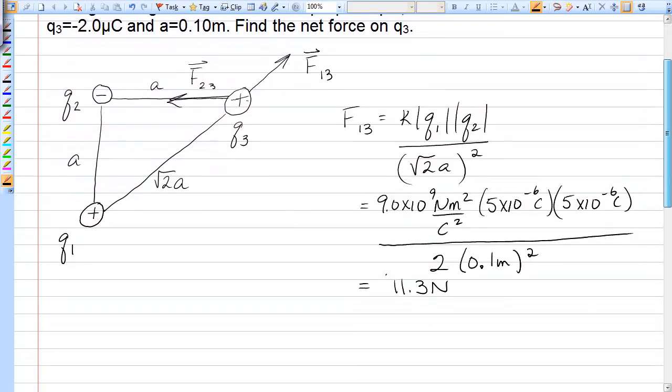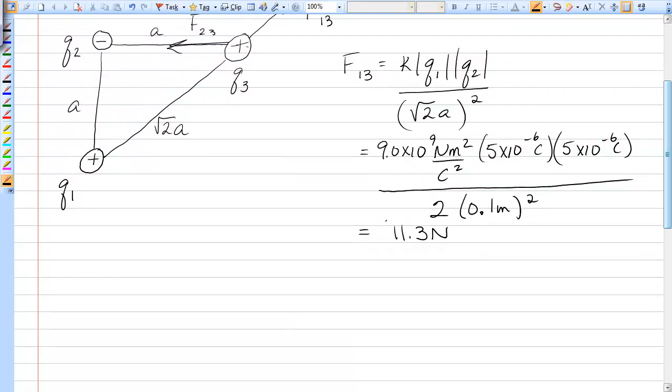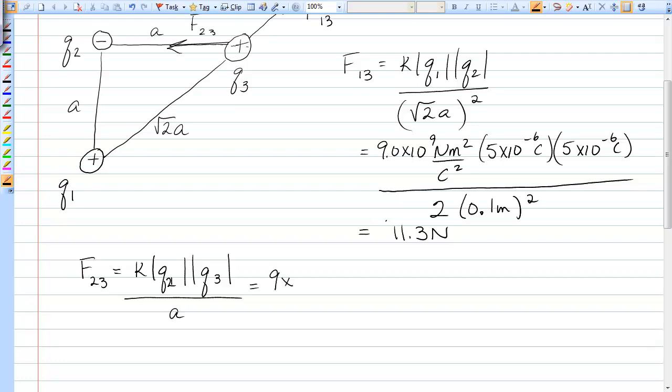Okay, now we repeat that process for F23. And once again, using the magnitudes of the charges, you do not put negative values into Coulomb's law. It's just a magnitude equation. And the distance between 2 and 3 is a. So once again, we have 9 times 10 to the 9.